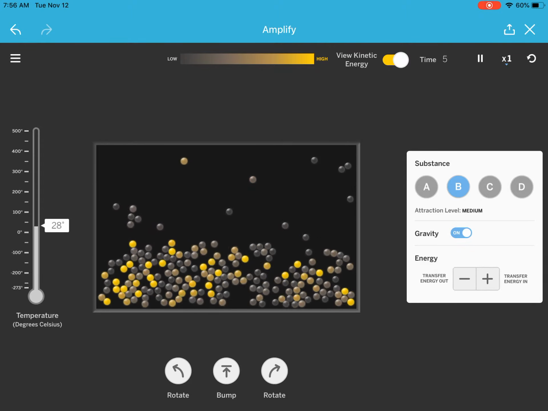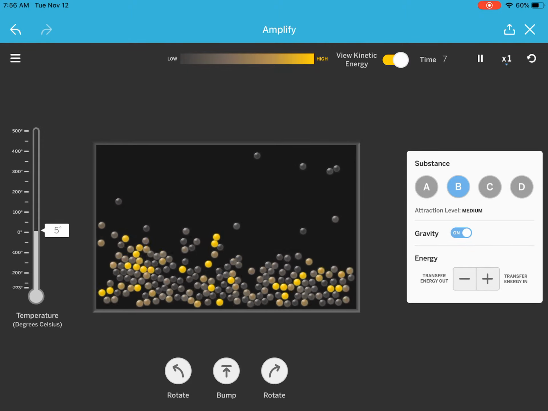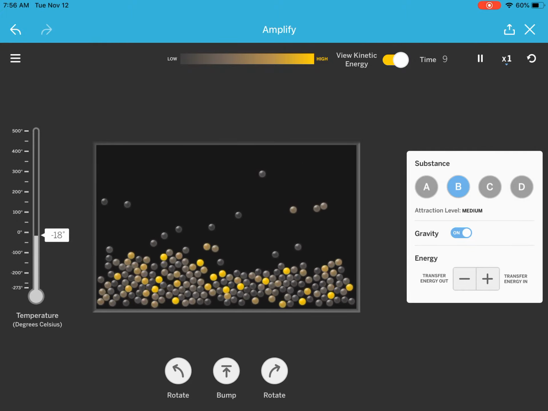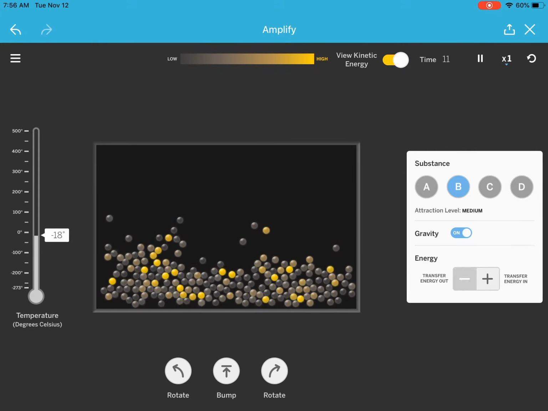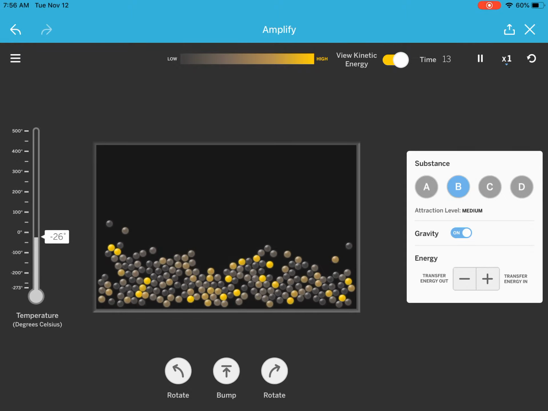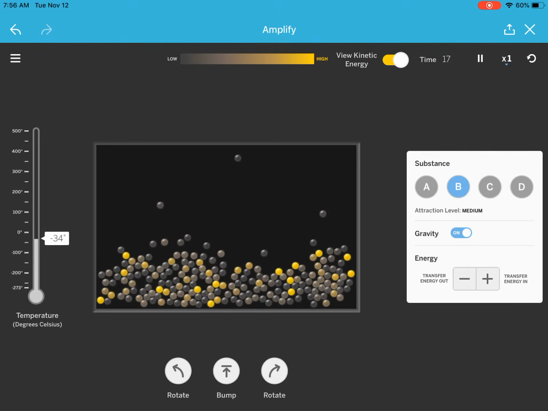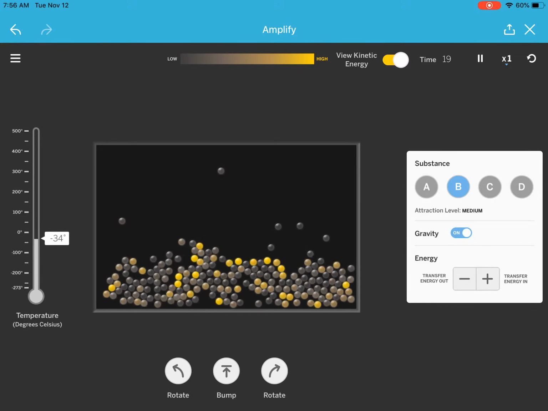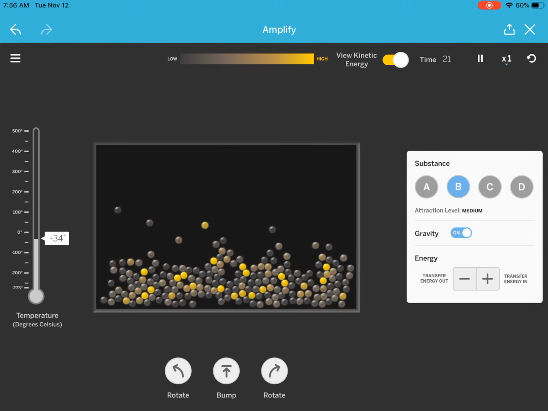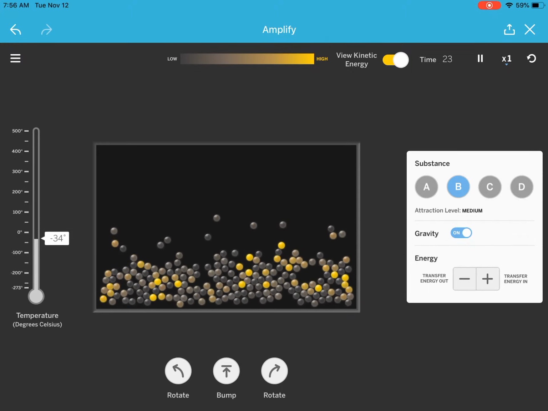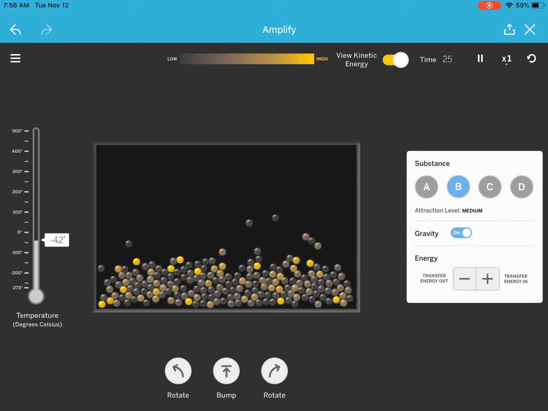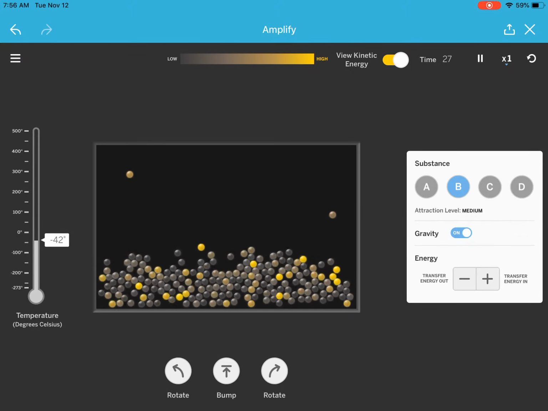So we have a liquid. So we want to take it out before, or stop it before it gets to a solid. I'd say a negative 26, maybe, negative 34. Looks like they're still moving around each other. Watch those molecules.